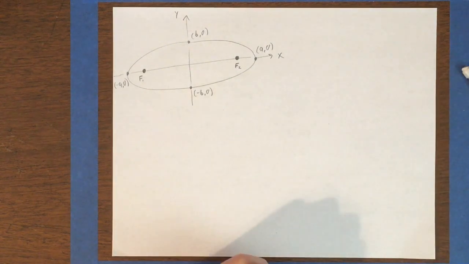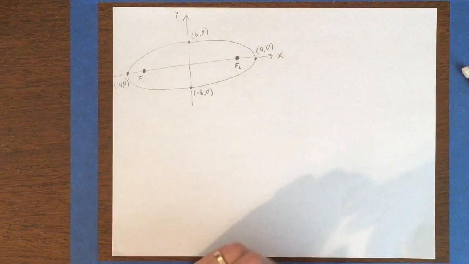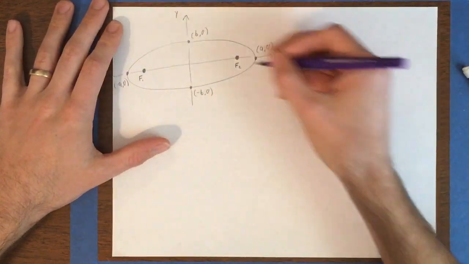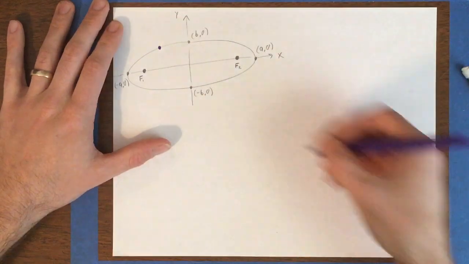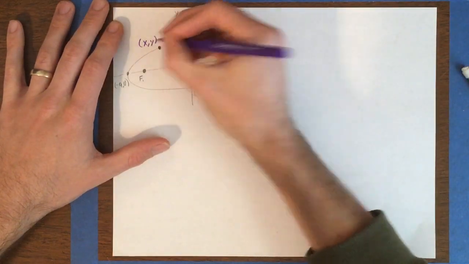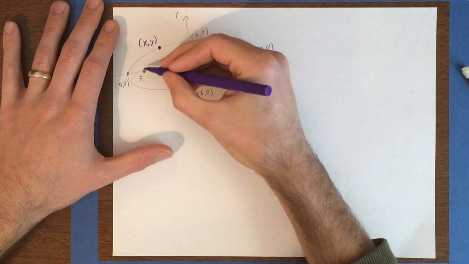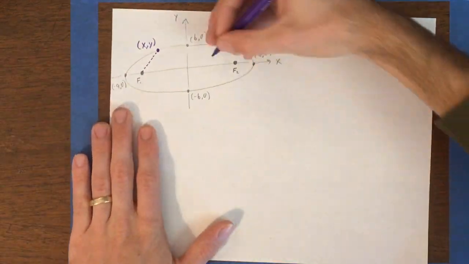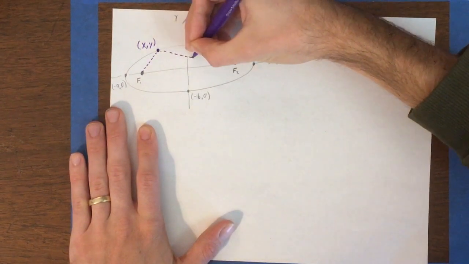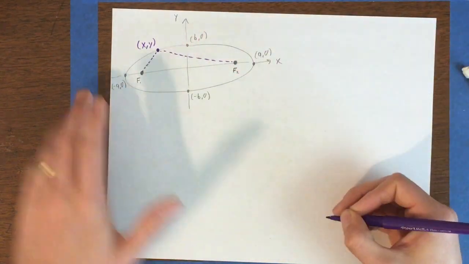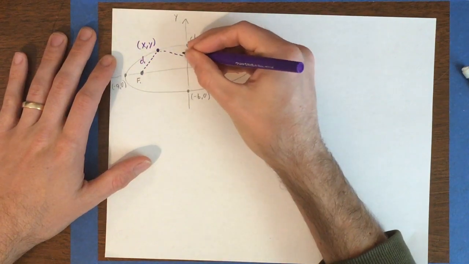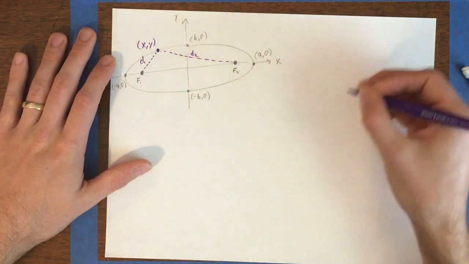So now, the geometric definition of the ellipse says that if you take a point somewhere on the ellipse, let's grab a point, like say here, for example. If you take that point (x, y), and you measure the distance back to each focus, there's one, and then there's the other. Those two distances, let's call them distance 1 and distance 2.